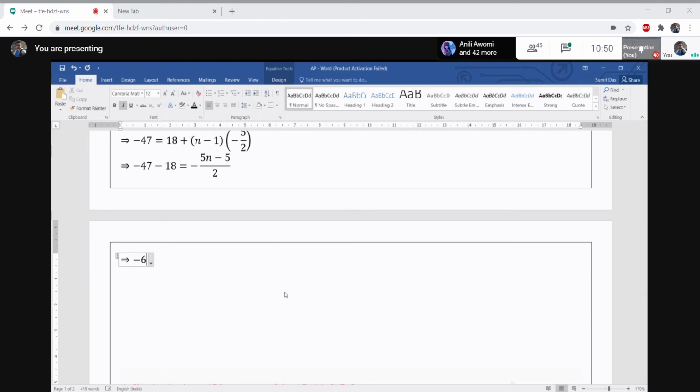Minus 65 is equal to 2 over 5n minus 5, with a minus sign. From both sides the minus sign will be cancelled, so it will be 65 into 2 which is equal to 5n minus 5.